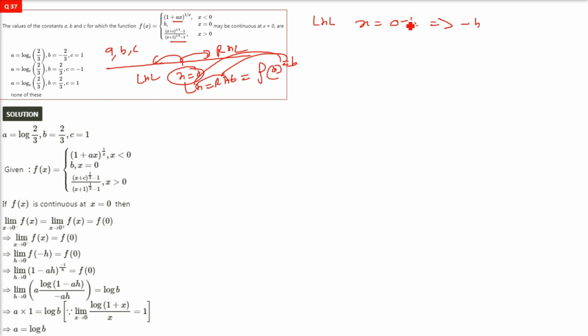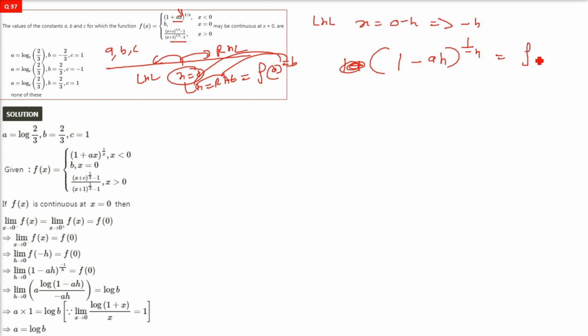We'll talk about the first one and go subsequently to the second part, the right hand limit. But for the left hand limit, I'm replacing x by negative h. So this is (1 minus ah) to the power 1 by x, replacing x by negative h, so (1 minus ah) to the power minus 1 by h.